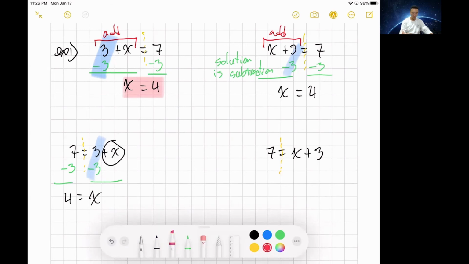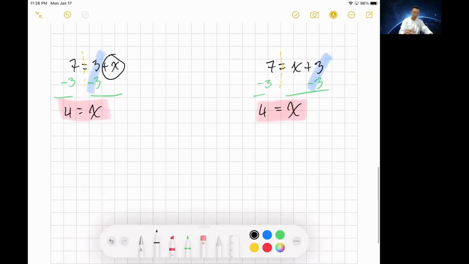Same thing every single time, right? Regardless of the situation. And then over here, same thing, 3 minus 3, equals x, and over here equals 4. So all 4 of these situations are exactly the same.